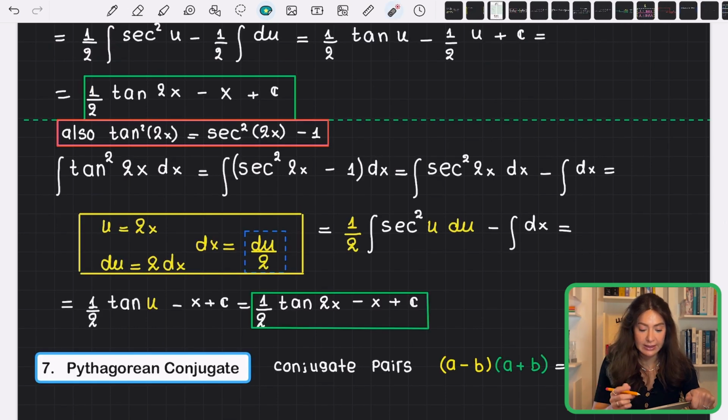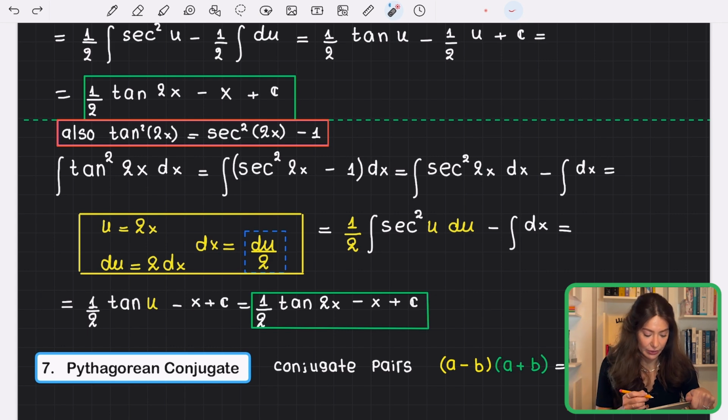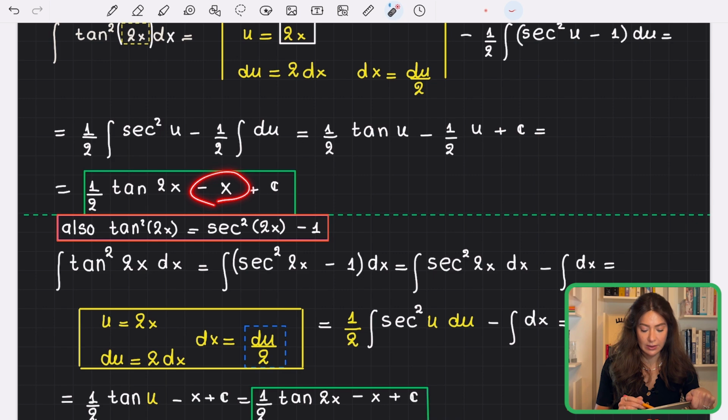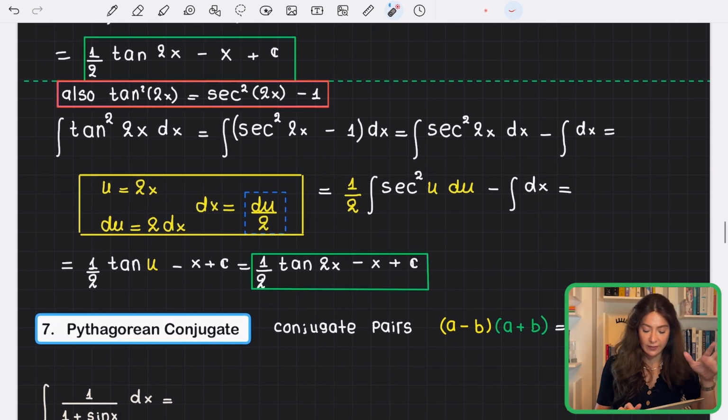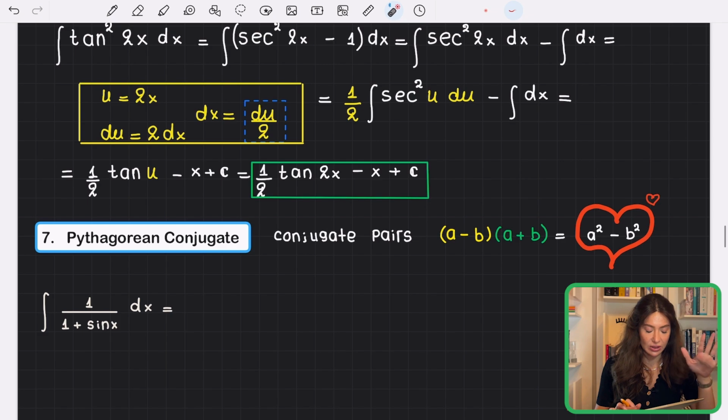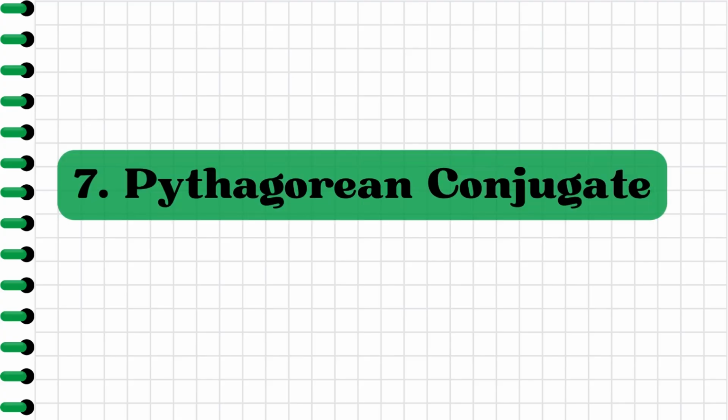Okay, this is the better solution in my opinion, where you just rewrite it like that, and then you do u sub at this stage, and then you obviously end up with the same answer, right? I think it's cool to see different ways to solve things, because it just teaches you so much.